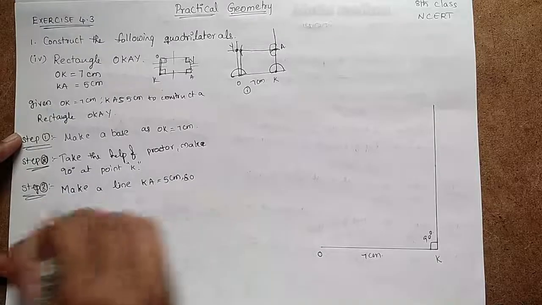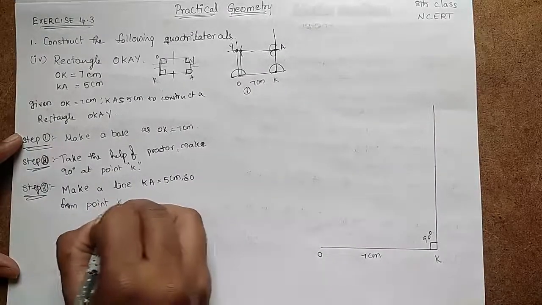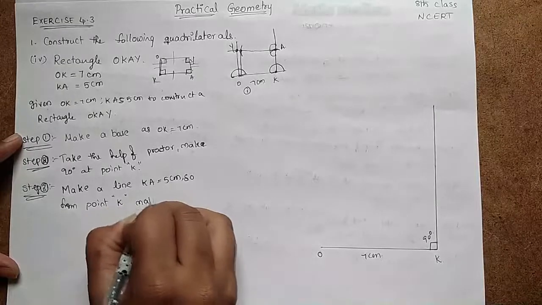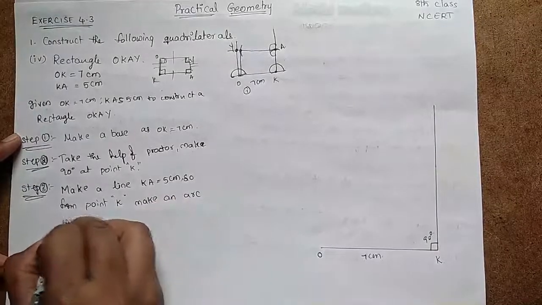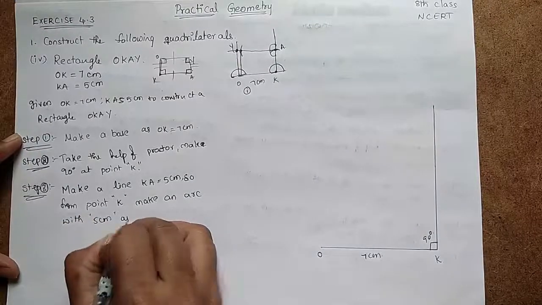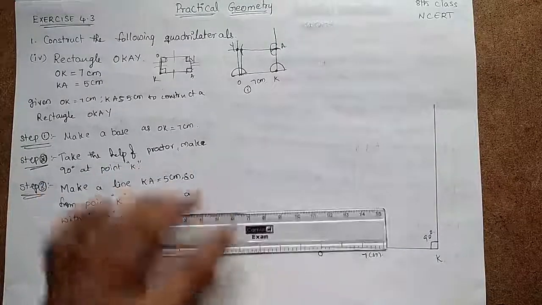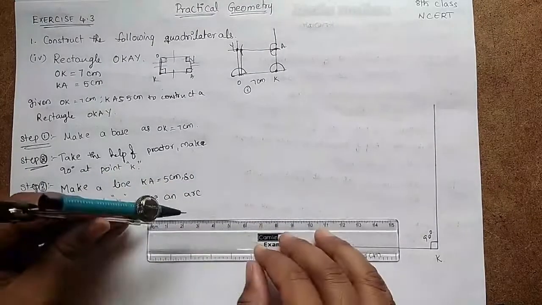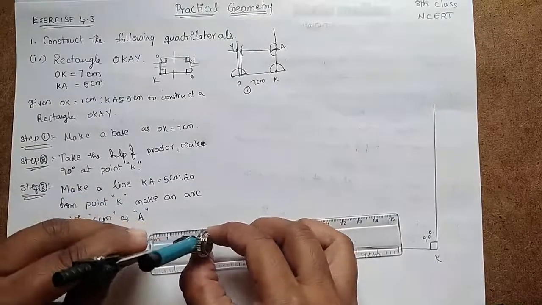So from point K, make an arc with the 5 centimeters as A. So take the help of compass and scale and make sure that the measurement is 5 centimeters.